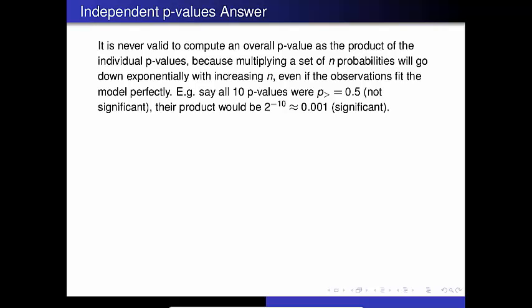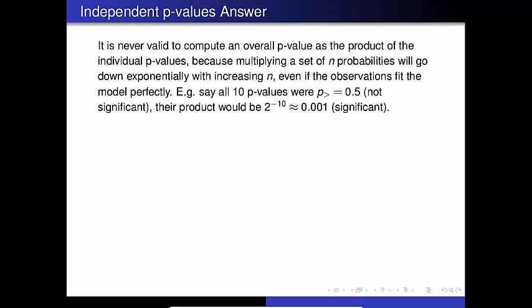What that's basically telling you is that you cannot multiply p-values. The idea that the original data were independent, implying that you can multiply the probabilities of independent events, does not carry over to p-values.